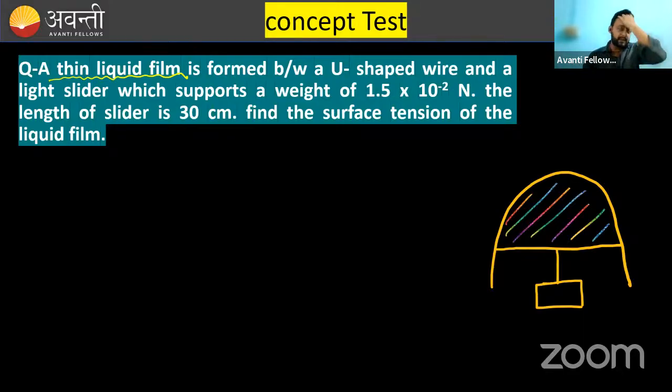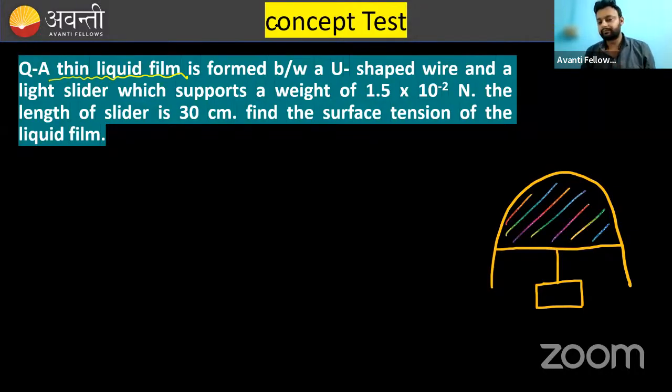You have seen many times that if you dip a wire or a loop in a soap solution, then a transparent layer is seen on the loop, and that very thin layer is known as film.